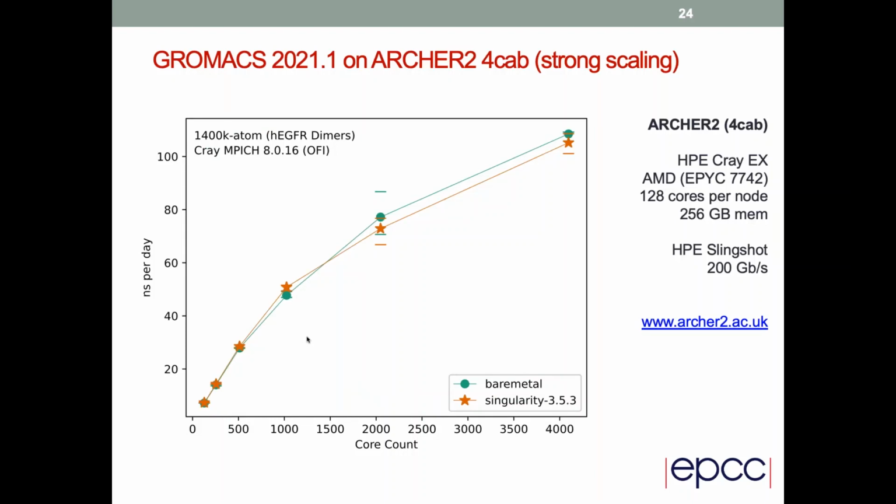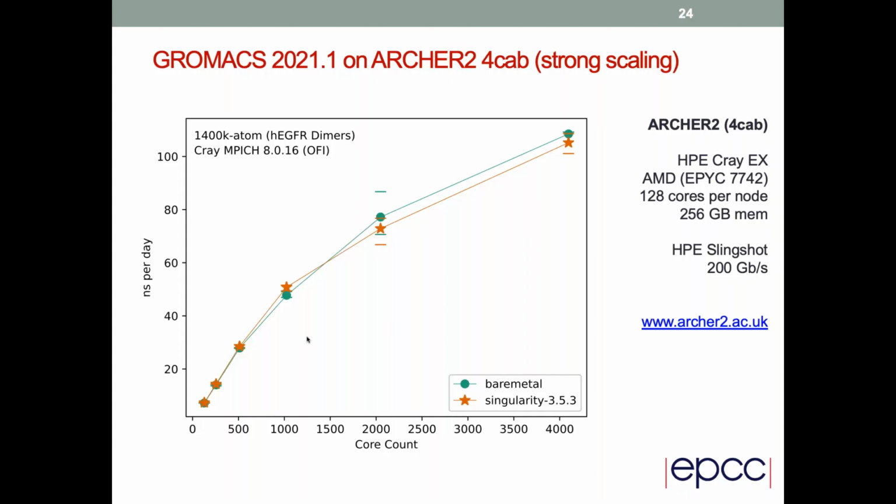I show a different value on the y-axis now. This is the internal performance metric produced by the GROMACS code, and this is nanoseconds of simulation time per day of runtime. And what I actually did for each core count, for each plot point, I ran the bare metal version 3 times, and then also ran the Singularity version 3 times. And then the plot point is the average of the 3, and then the horizontal bars are the maximum and minimum performance.